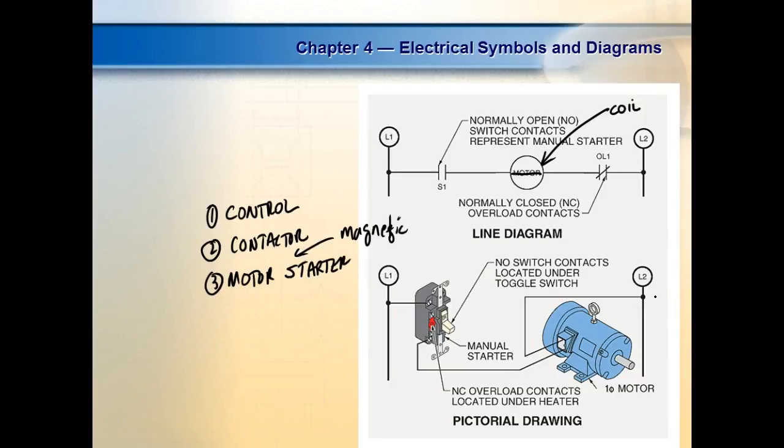Everybody okay with that? We're getting it now. So the coil is the portion of the relay that creates the magnetic field. Right? You understand? We call these guys here contacts. And we would call this a normally open contact. Everybody understand that?